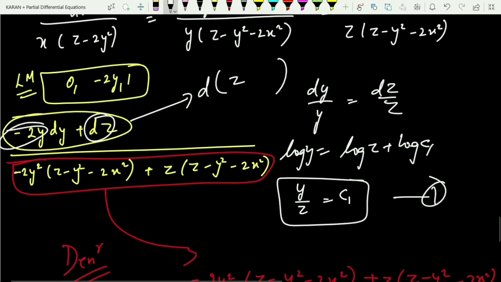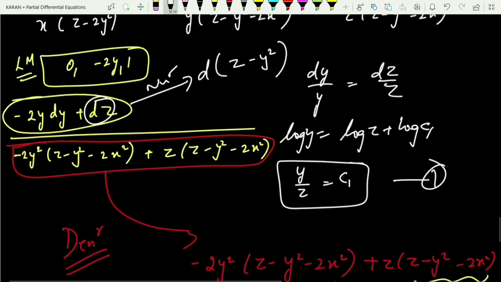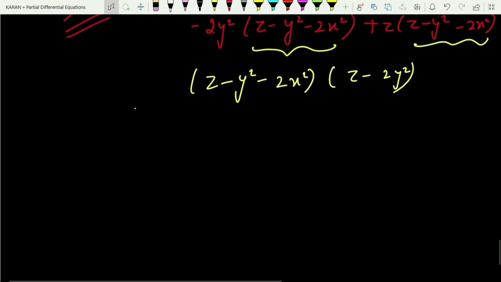That is the next step which you have to think. Just observe, this is minus y square, because what will be the derivative of minus y square? This will be minus 2y dy. Am I clear? So the numerator is nothing but the derivative of (z minus y square). So let me finalize all the things, club all the things. On clubbing all the terms, what do we get?